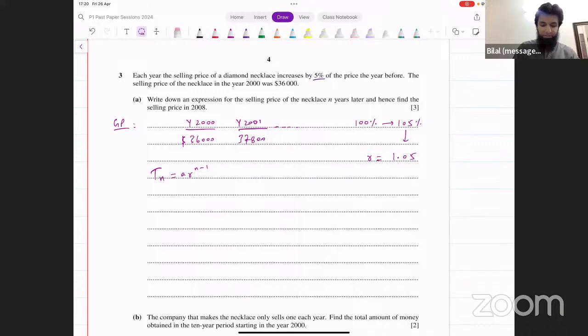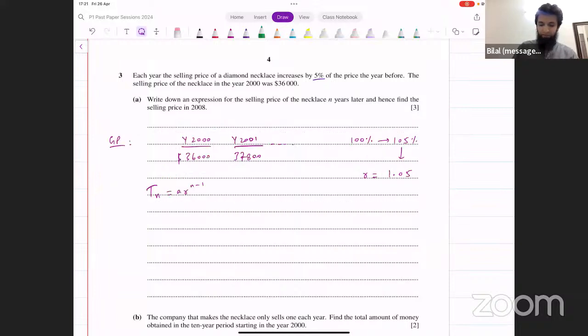So what that means is, in the term formula, when n is equal to 1, you get A. And that's the first term, 36,000. When n is equal to 2, you get A times R. That's the second term. That's this. When n is equal to 3, you get AR squared. That is going to be this third term.